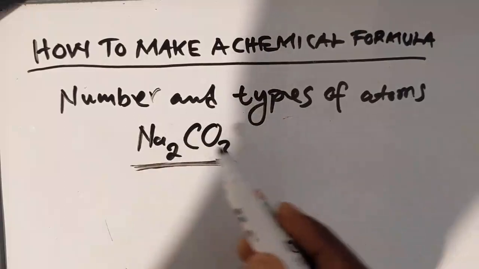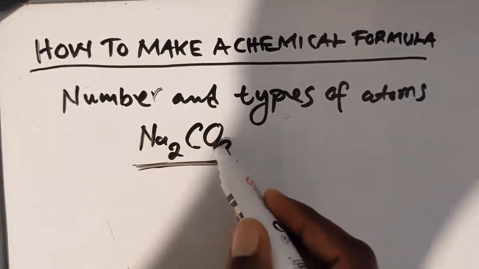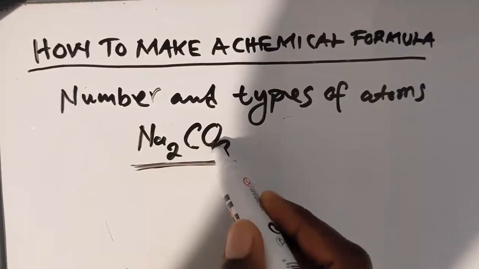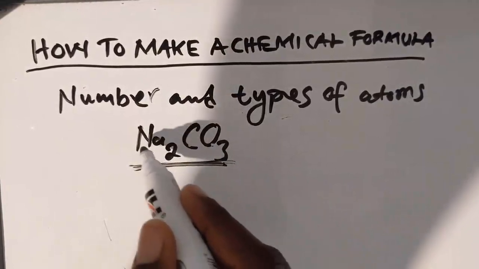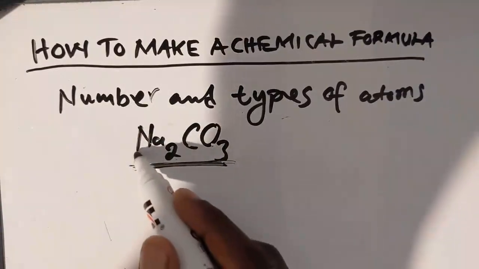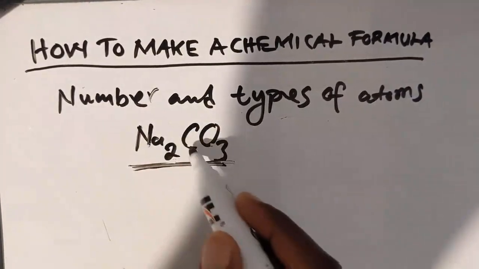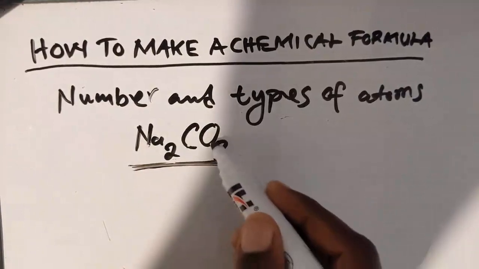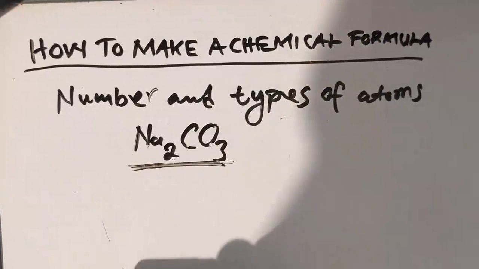Here we have three types of atoms: sodium, carbon, and oxygen. How about the number of atoms? We have two atoms of sodium, one atom of carbon, and three atoms of oxygen.